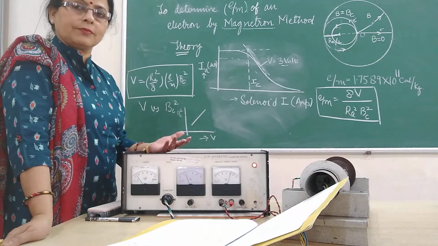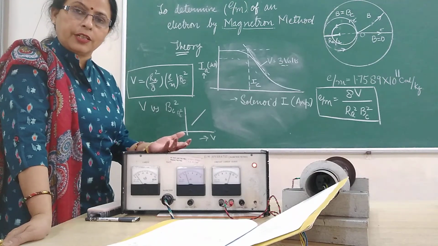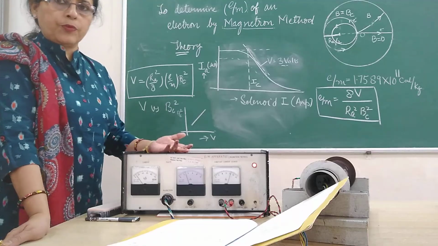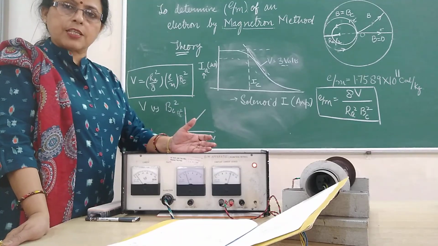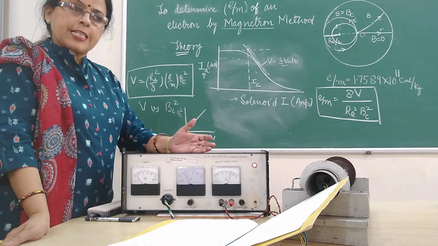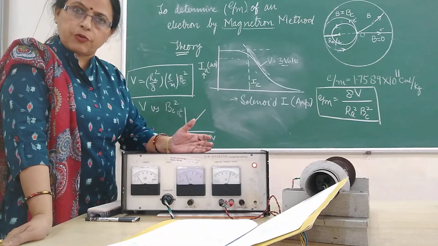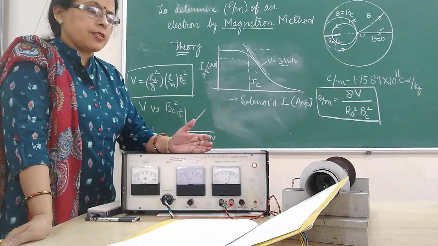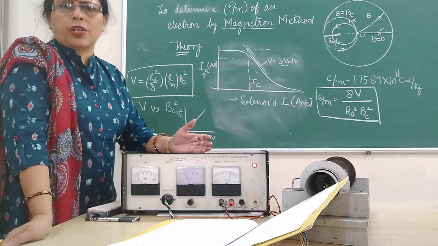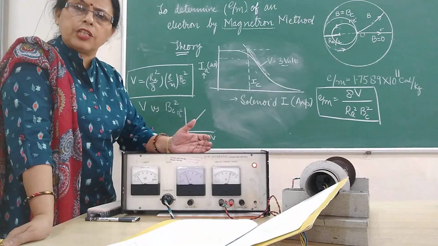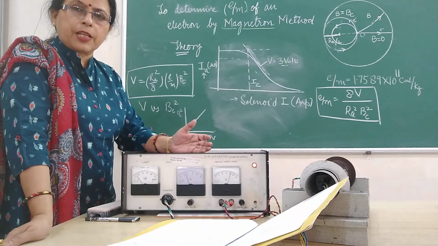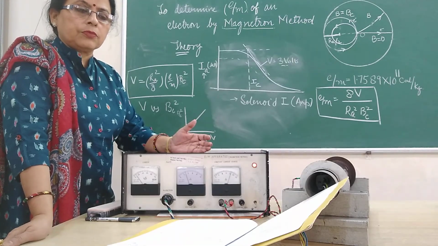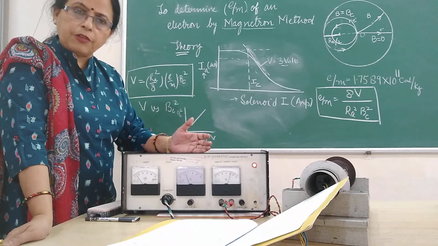So that's all about it. Hope you can get it. The manual for this is given in the physics lab department teaching laboratories, and I think it is the 5th experiment, so you can check that to find out e/m by the magnetron method. You can get the manual from there.